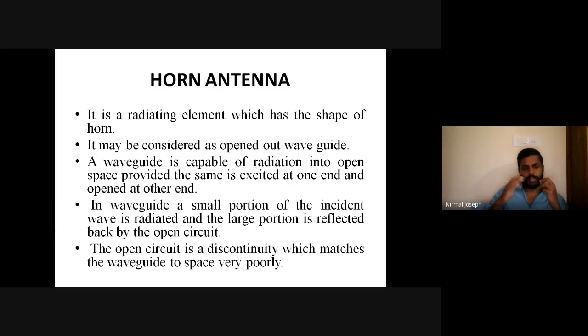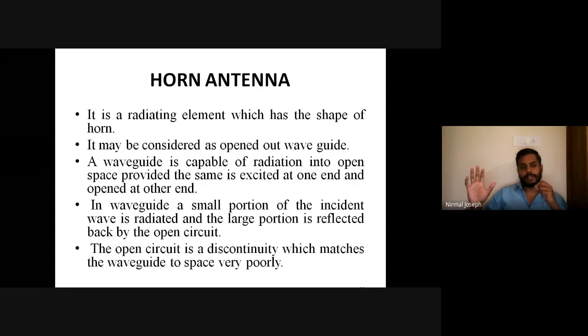Normally, if you are just opening a waveguide, one end you are exciting and another end we are just keeping open, the wave will come and feel like infinite impedance at the open circuit end, and the wave will get reflected and come back, and a very small amount will be radiated. So, in order to avoid that, we have to think of a solution in which the wave will gradually radiate.